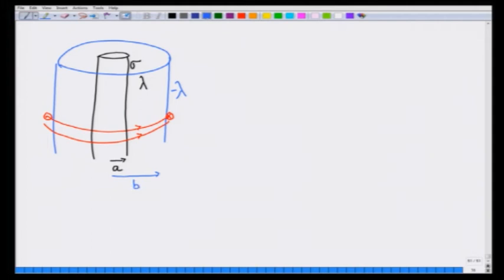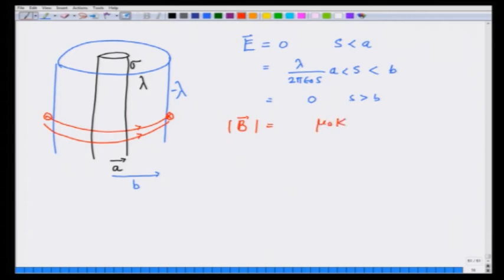Then the electric field E is 0 for s, I am using cylindrical coordinates, less than A. This is equal to lambda over 2 pi epsilon 0 s for s between A and B, and this is 0 again for s greater than B. Since there is a current in the outer shell, the magnetic field B has magnitude mu 0 k for s less than b.